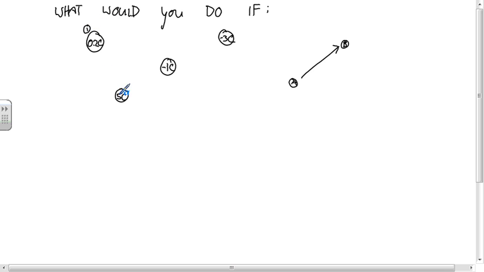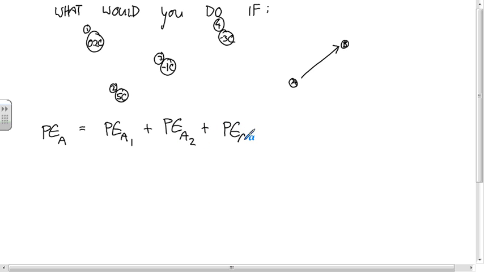Well, if you think of this as fixed charge 1, fixed charge 2, fixed charge 3, fixed charge 4, you'd calculate the potential energy at A as the potential energy at A due to that fixed charge 1, plus the potential energy at A due to the fixed charge 2, plus the potential energy at A due to that fixed charge 3, plus the one at 4.